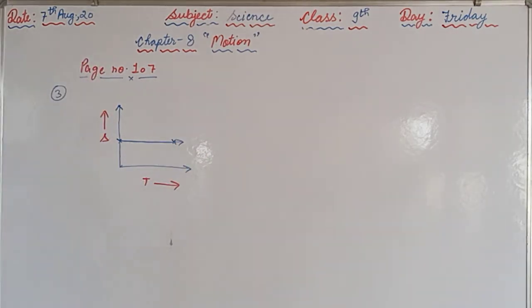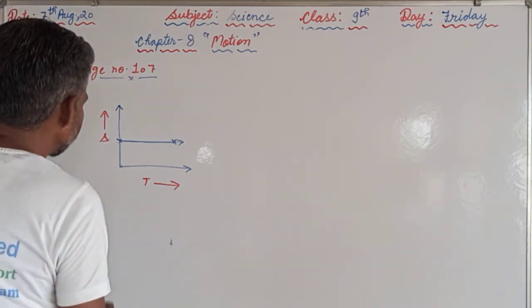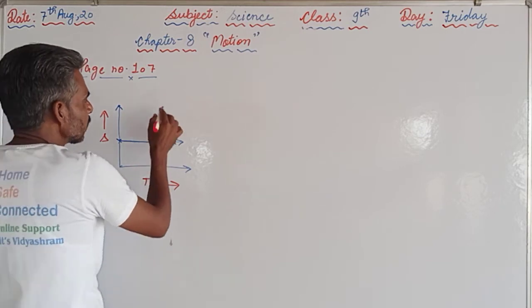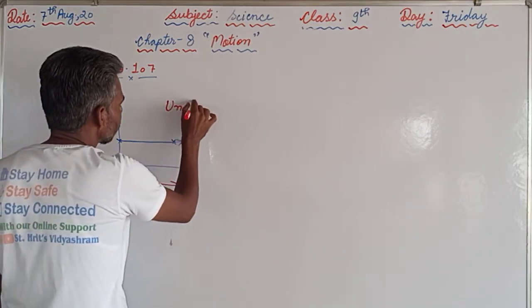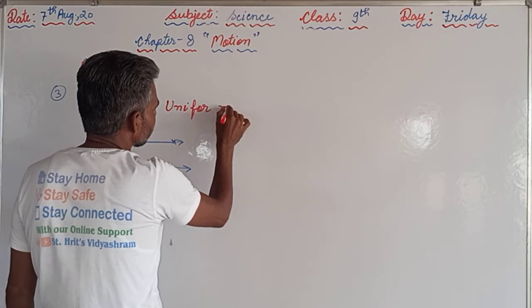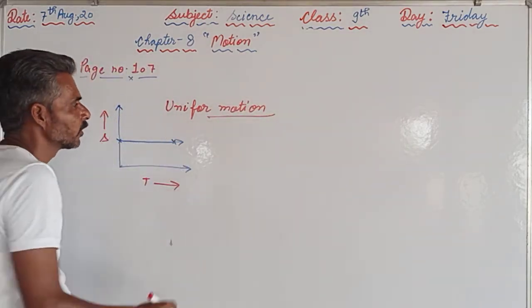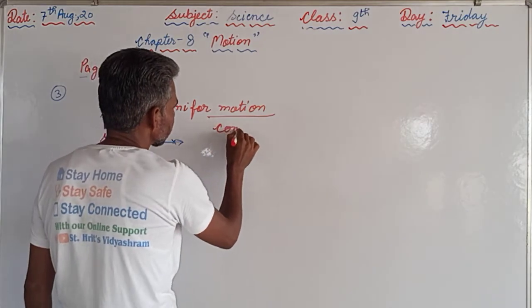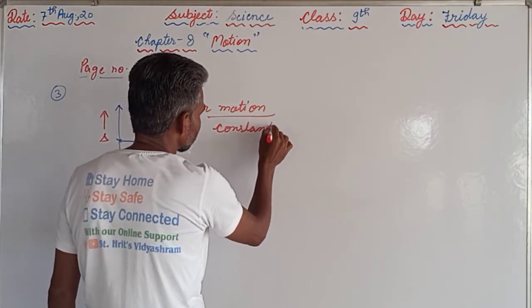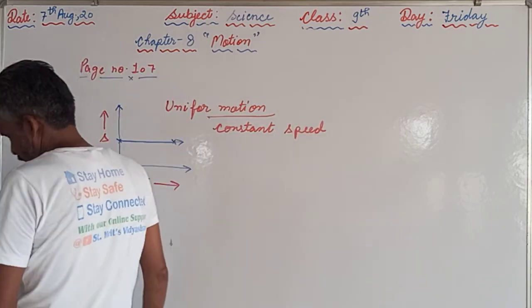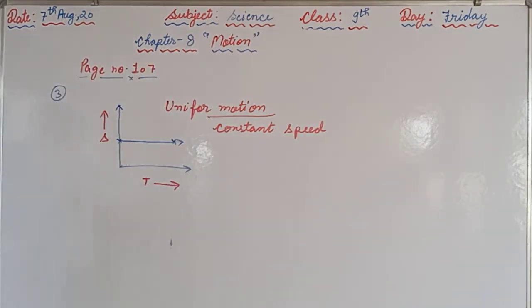In a speed time graph, if the line is parallel to the time axis, then we will say that the object shown in this graph is under uniform motion, or we can say the object is moving with constant speed. So these are questions number 1, 2 and 3.